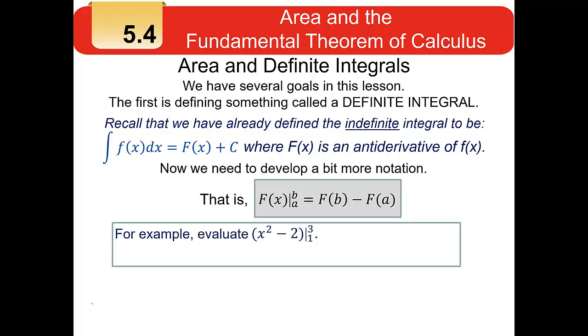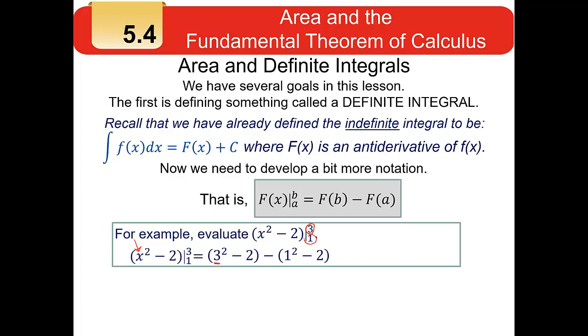For example, if I gave you the expression x squared minus 2 and put it in that notation with the limits 1 and 3, 1 being the bottom number, 3 being the top number, all you do is take the top number, this time being a 3, and plug it in place of x, and so instead of x squared minus 2, you get 3 squared minus 2.